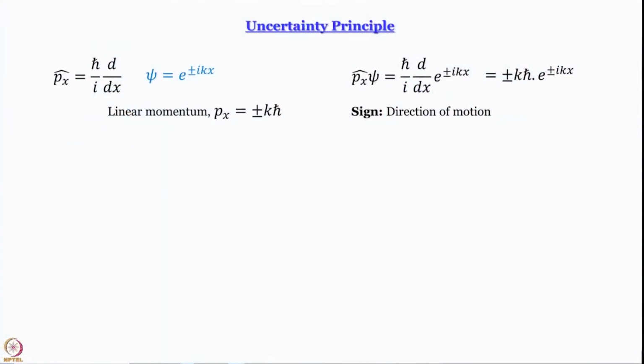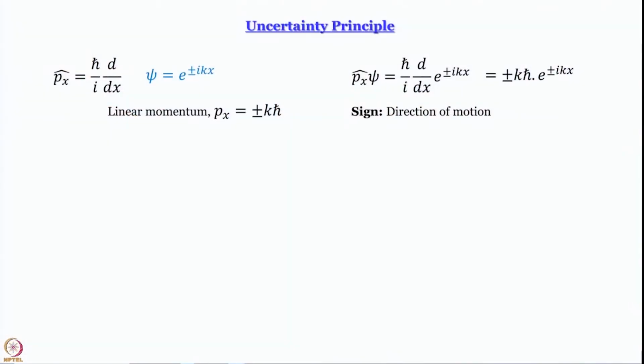Now see, what does this plus or minus sign signify? k h cross is a magnitude, we understand, fine. Plus means that the direction of motion is along positive x, and minus means the direction of motion is along negative x. So, the sign of the wave function specifies the direction of the motion of the particle.